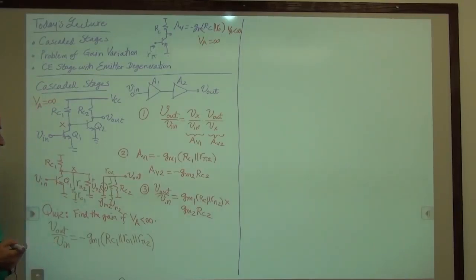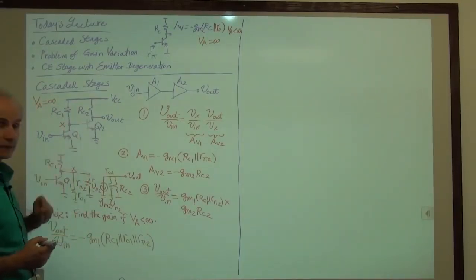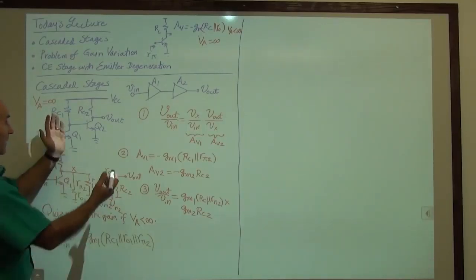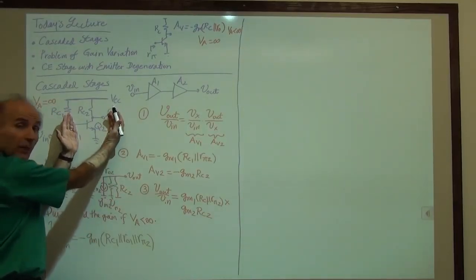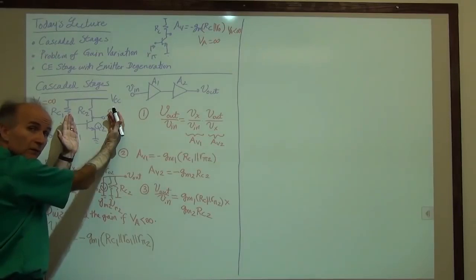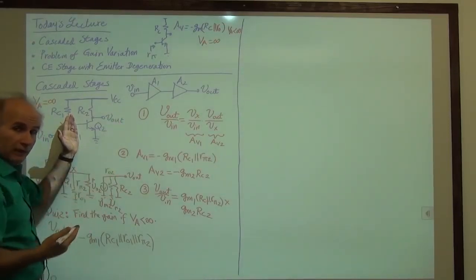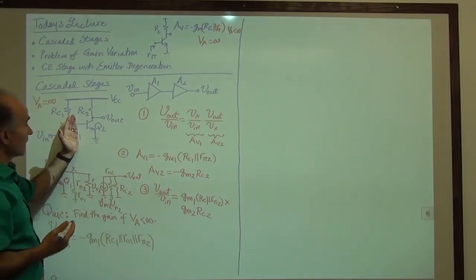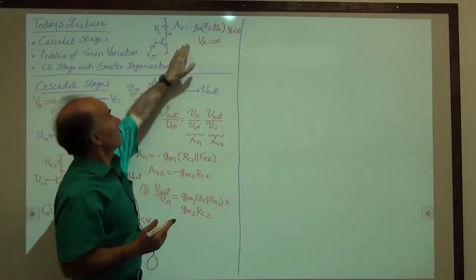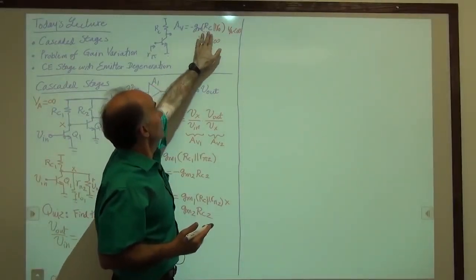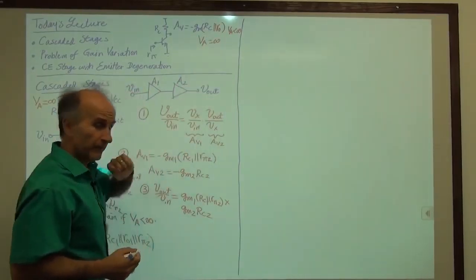And then how about AV2? The gain from here to here. Well, this is a simple common emitter stage, but it must include RO2 because we are specifying that early effect is not negligible. So if it must include RO2, it must follow this equation, minus GM times RC in parallel with RO.